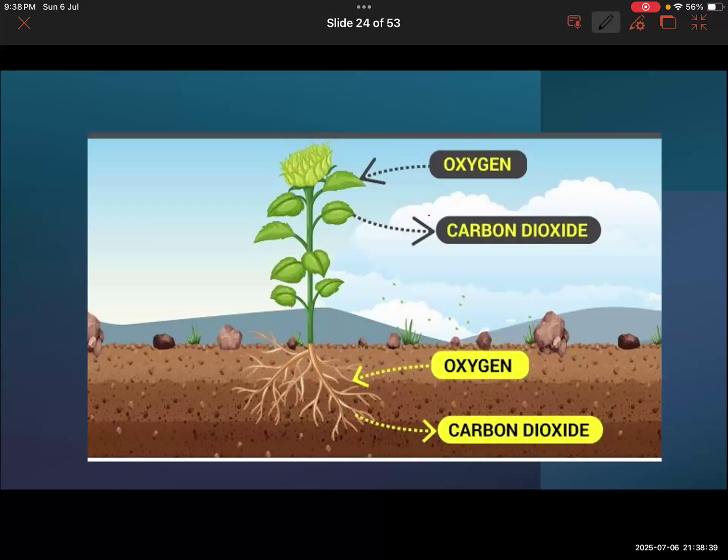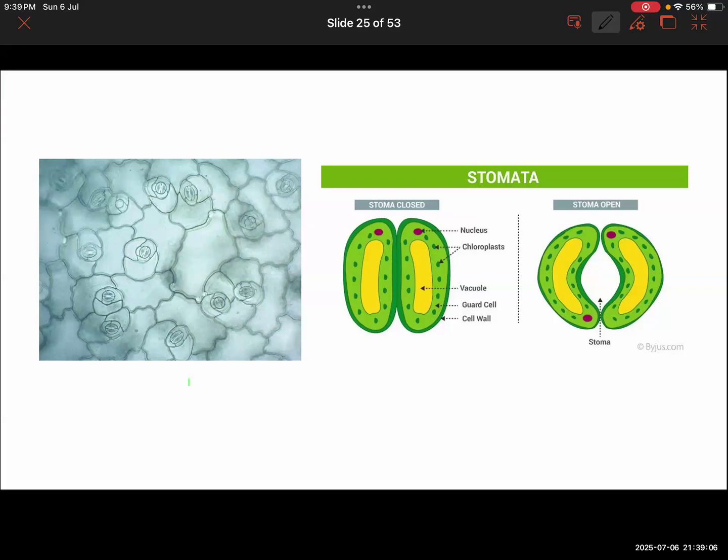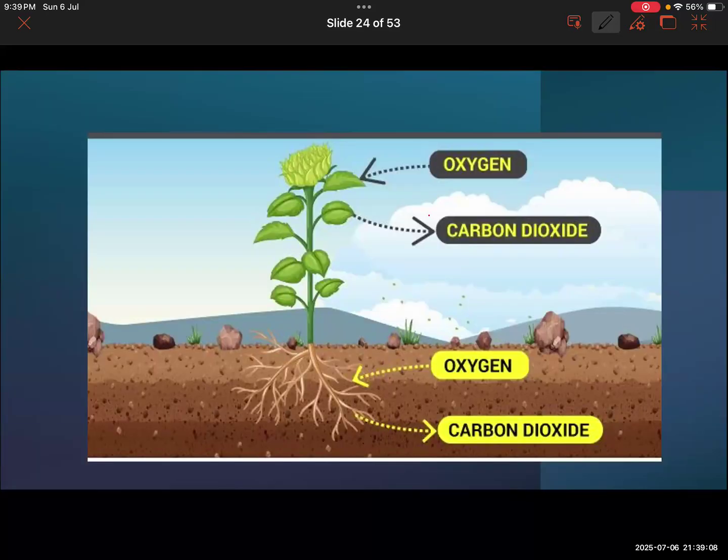See, basically, this diagram is talking about respiration particularly. Respiration is happening in all the different parts of the plant's body. Respiration happens in the aerial parts of the plant body, and also in the parts of the plant that are under the soil. There also respiration will happen. In respiration, they will take in oxygen gas and release carbon dioxide. That is what is being shown here. In the roots also respiration will be happening.